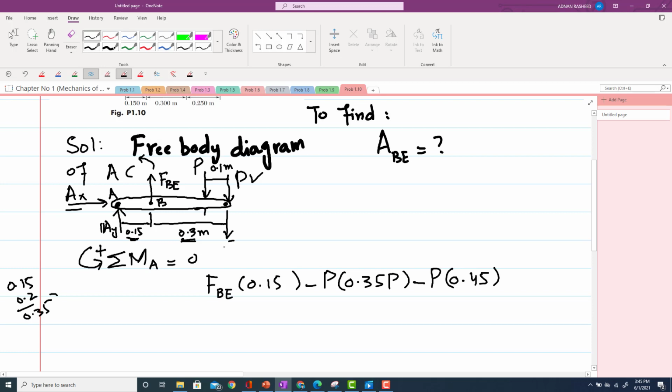Clear? And this force C that is acting downward, so minus C into 0.45, that is equal to 0.